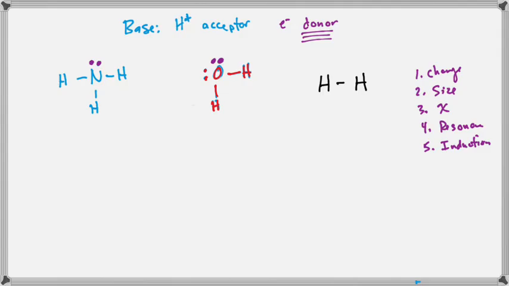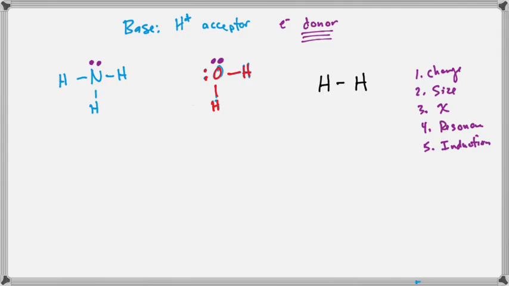Because hydrogen's the smallest, is it going to be more or less stable? Less. Less stable, which means better base. Electronegativity. The oxygen, which would suggest the hydrogen is a better base.